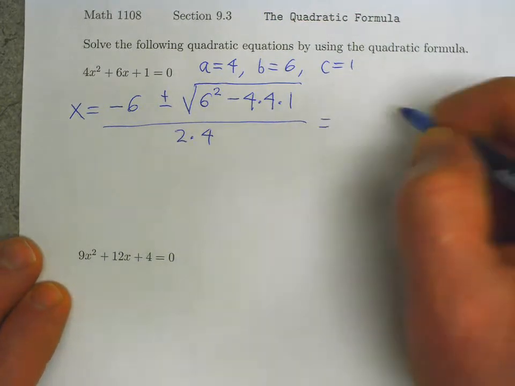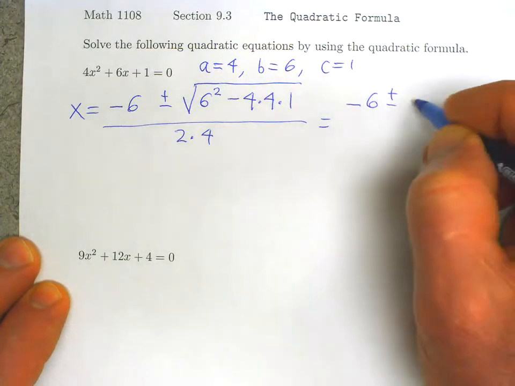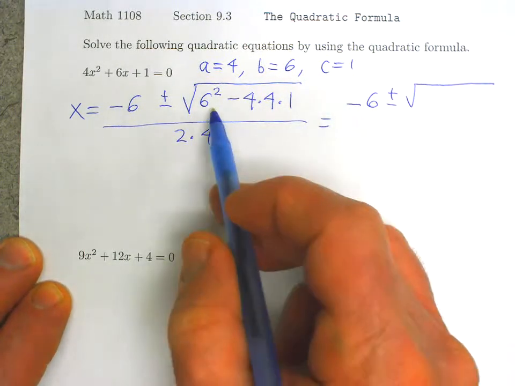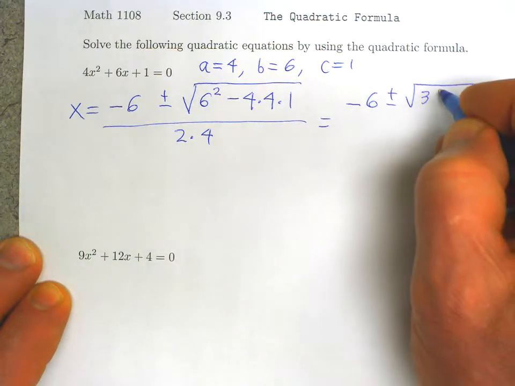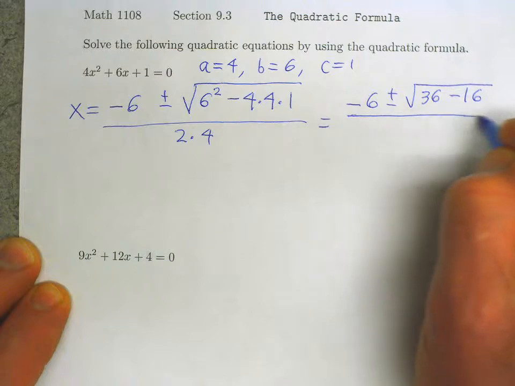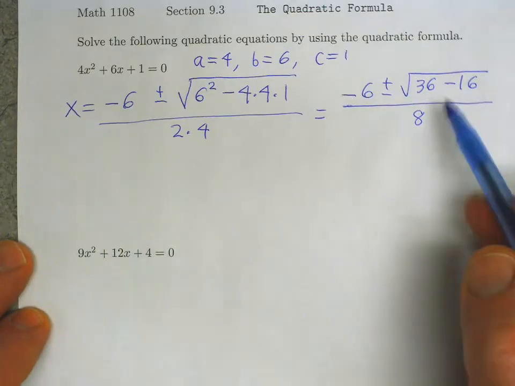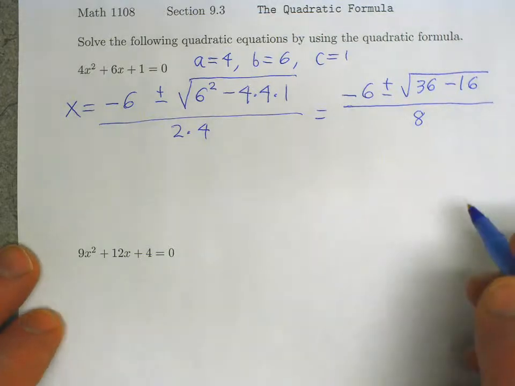Okay, so we get in the numerator negative 6 plus and minus the square root of 36 minus 16, all divided by 8. And 36 minus 16 is 20.